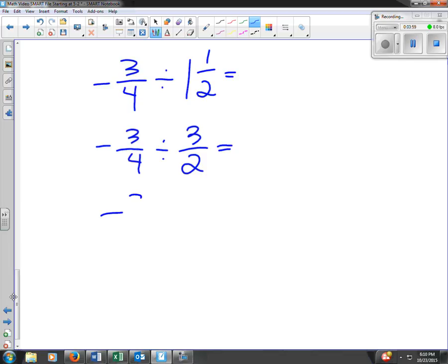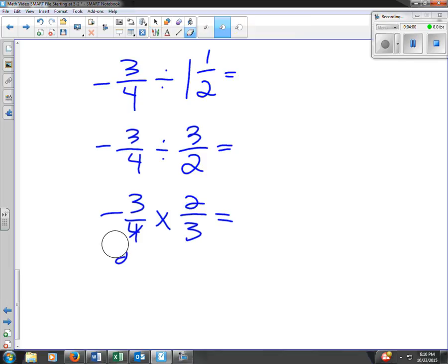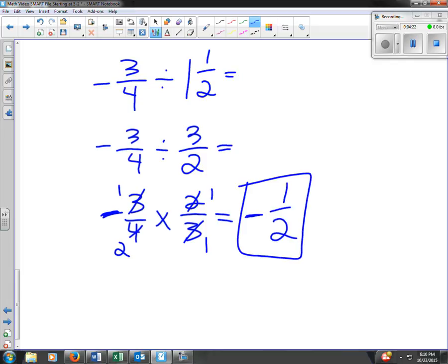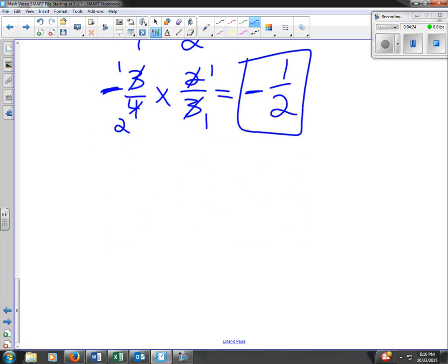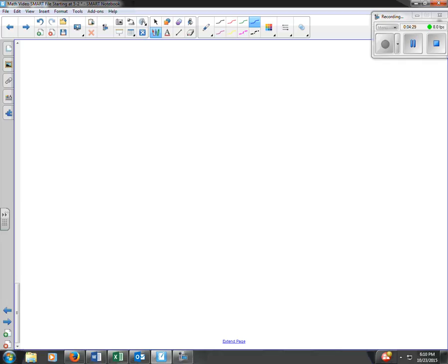Keep, change, flip. Okay, cancel. It's still negative. So a negative times a positive gives us a negative answer. So it's negative 1/2. Don't lose a negative because you're doing fractions. Pay attention. You can do it.